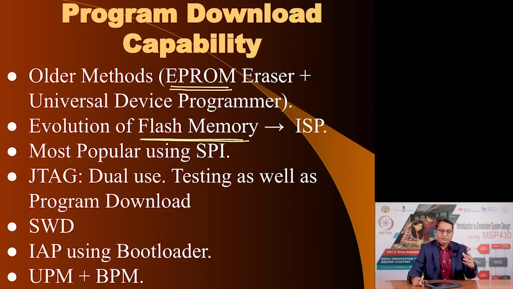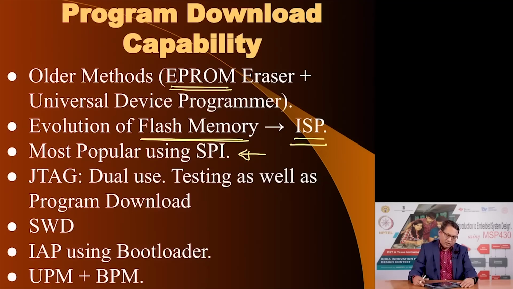Without having to take the microcontroller out of the system, you could program it using a feature called ISP, that is in-system programming. To offer in-system programming, some communication interface was required, and the most popular interface that is used is the SPI bus. We have seen that SPI is one of the communication protocols that is available on almost all varieties of microcontrollers, and so this was used to implement the ISP functionality.